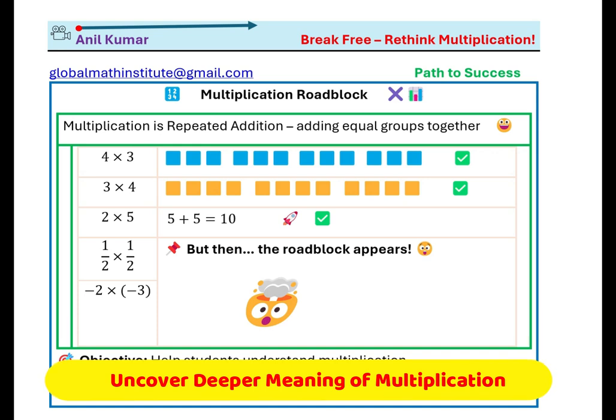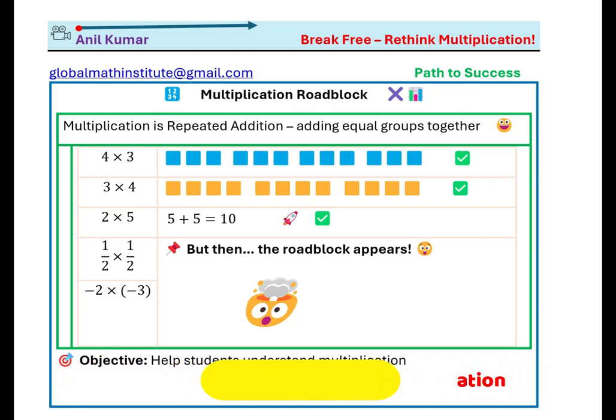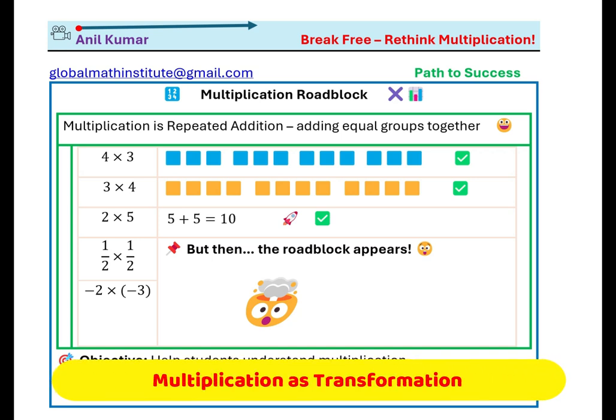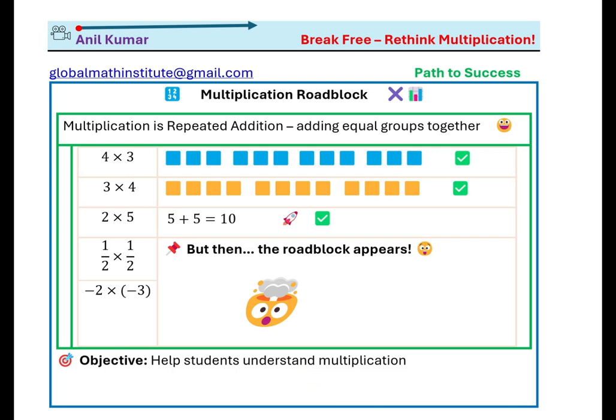Let's break down why this happens and how to shift towards a deeper understanding of multiplication as a transformation rather than addition. So, before you, we have a very simple example, a simple exercise: 4 times 3. Students are happy to do it, they understand what it is.